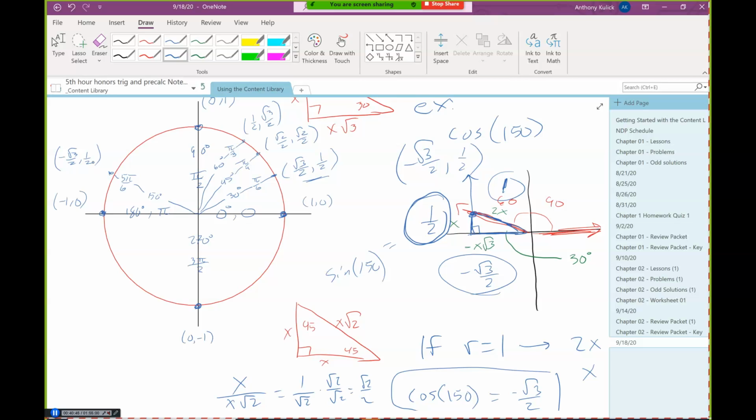If I make a 45-degree angle with the x-axis, that's really the same thing as a 135-degree angle. If I convert that to radians, that's 3 pi over 4. And again, it's going to have the same xy coordinates as the 45, except because we're in the second quadrant, the x-coordinate is negative.